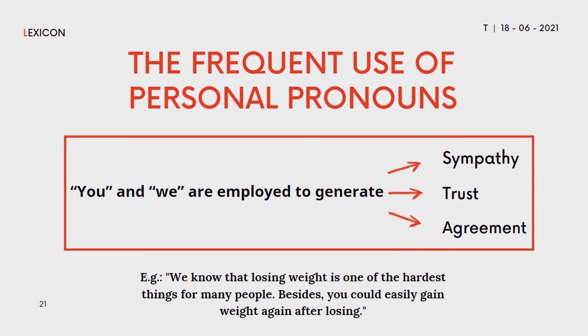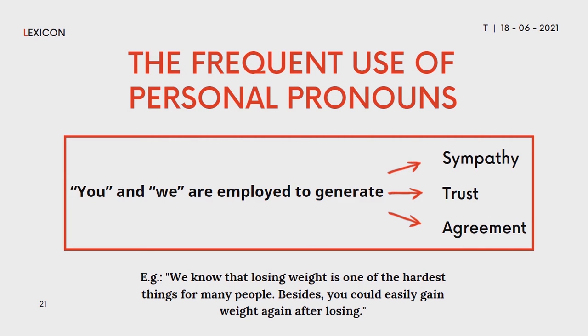For the frequent use of personal pronouns, the words you and we are employed to generate sympathy, trust, and agreement. For example, look at the example on the screen.